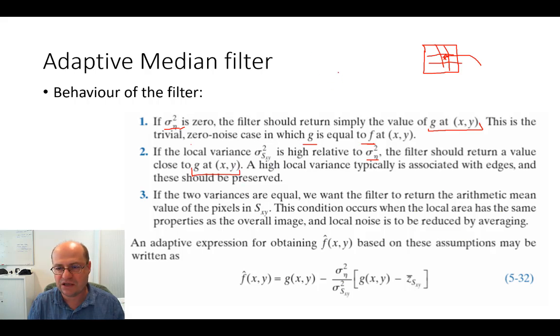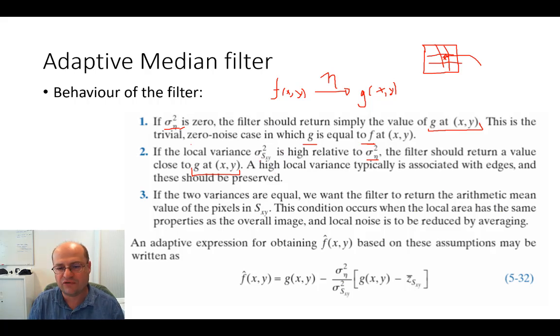Remembering that g is the image that I'm processing, like f is the input image that suffers from noise eta, which generates an image g of x and y.